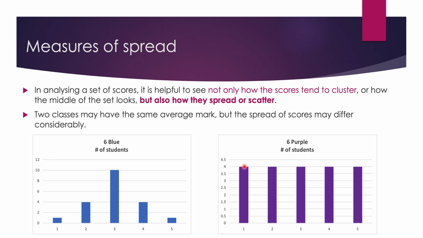It's a very different class, and the behavior of this data is very different to the behavior of the other data, even though both have the same average. So that's what we mean when we say it's important to analyze how the data is spread or scattered to be able to understand both data better.